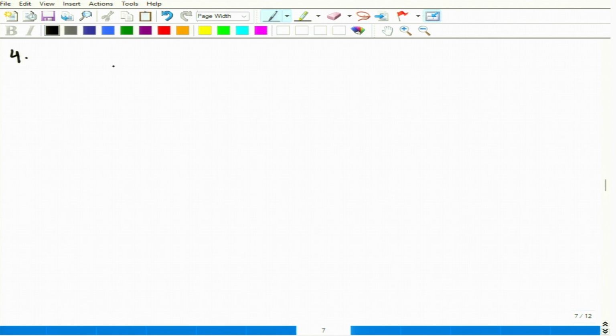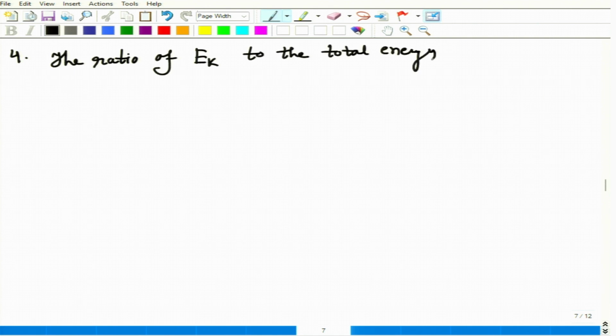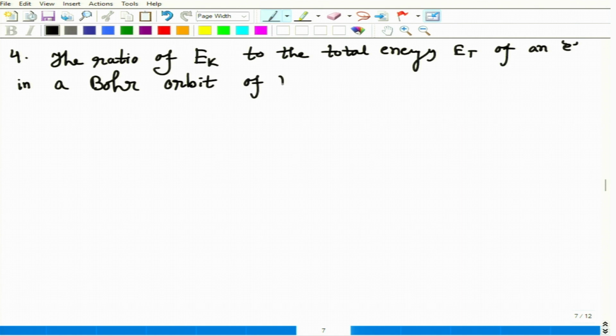What is mentioned: the ratio of kinetic energy EK, let me write it, to the total energy ET of an electron in a Bohr orbit of hydrogen atom is asked. 4 options are given.